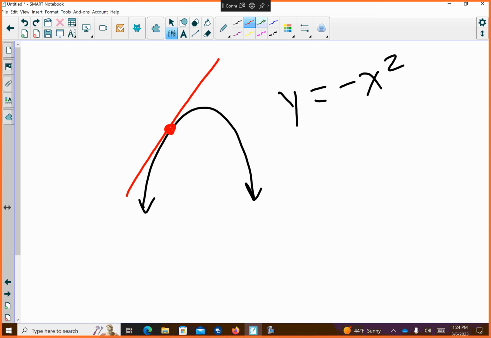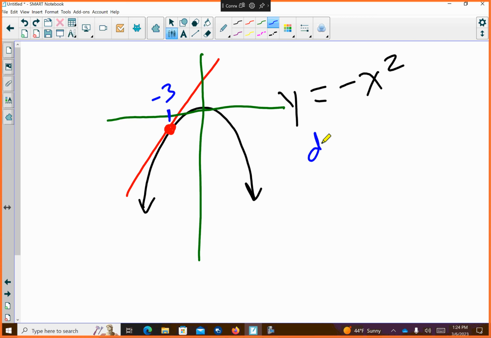Okay, so let's say I have my xy axis drawn in place. Kind of looks like that. And let's say this is the value of negative 3. So I'm going to go d over dx of negative x squared, which gives me negative 2x to the first.